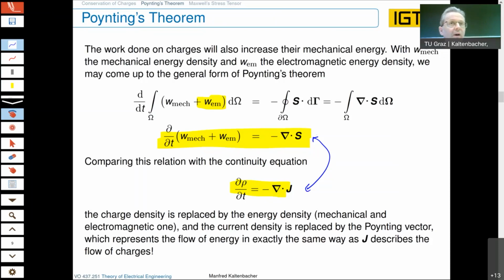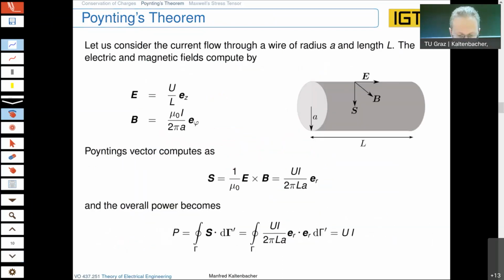So we have a relation to our continuity equation and can interpret it this way. We will later have an example with a low and high frequency part, and especially this will help us a lot when we consider electromagnetic wave propagation in our last chapter.